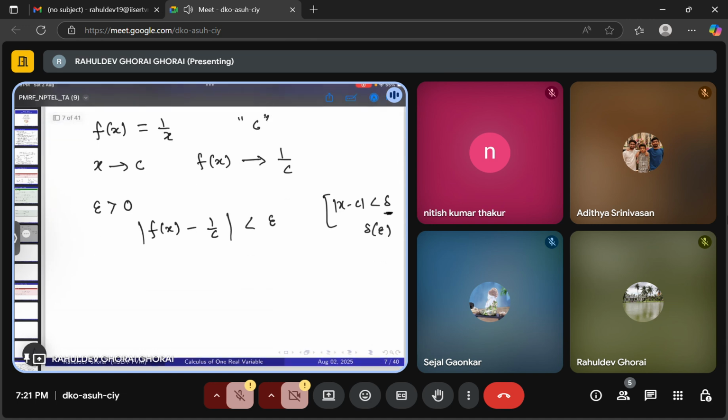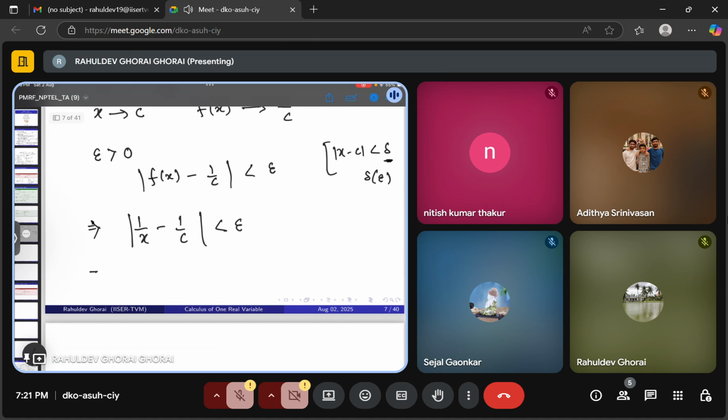So to do that, I'll start from here. |f(x) - 1/c| is |1/x - 1/c|, right? That is less than epsilon, right? What does that imply? That implies |x - c| over |xc| is less than epsilon.